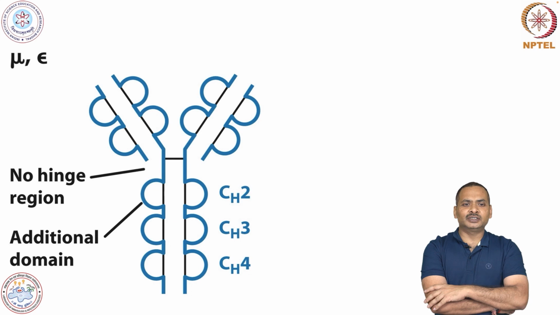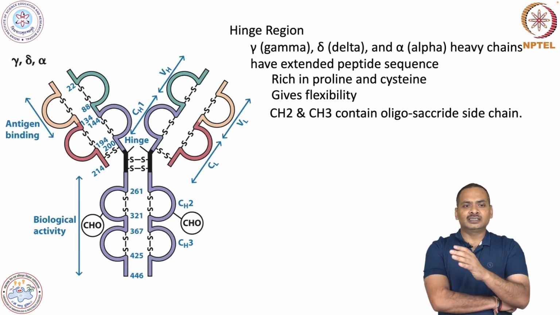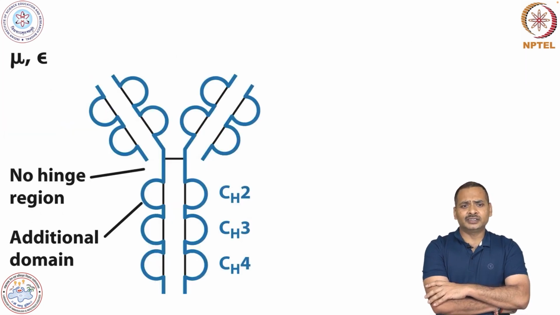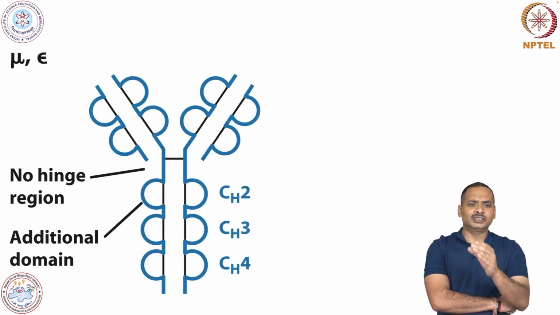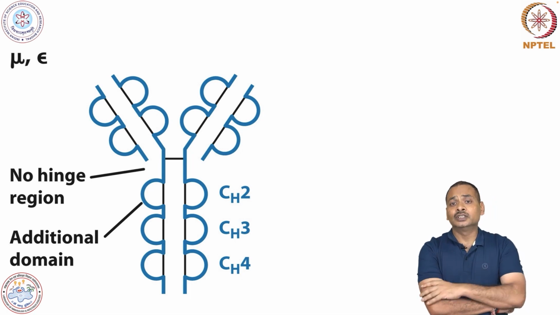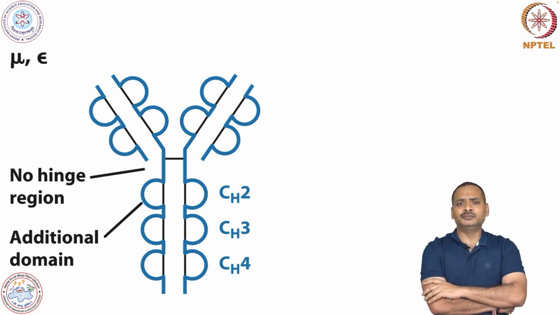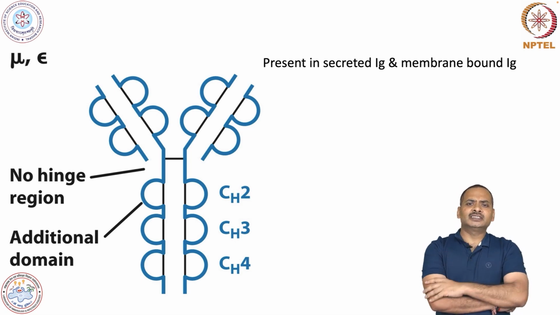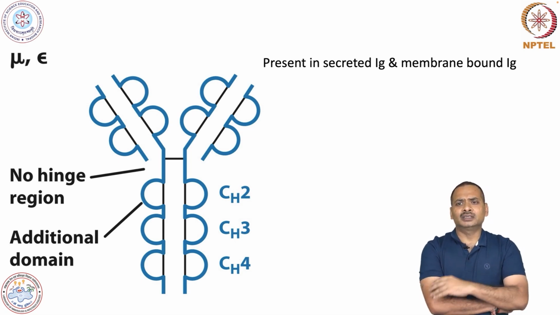In the previous case there were only CH2 and CH3, but in this case there are CH2, CH3 and CH4, and no hinge region. This structure is present in both secreted and membrane-bound immunoglobulin.